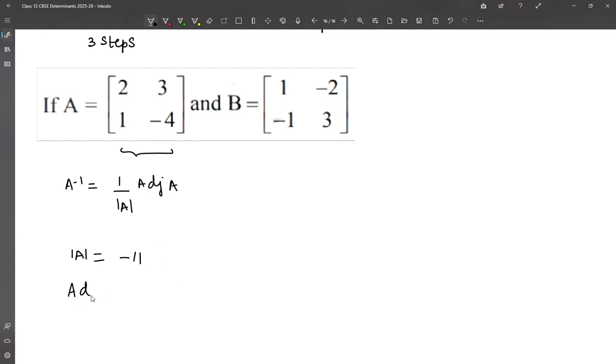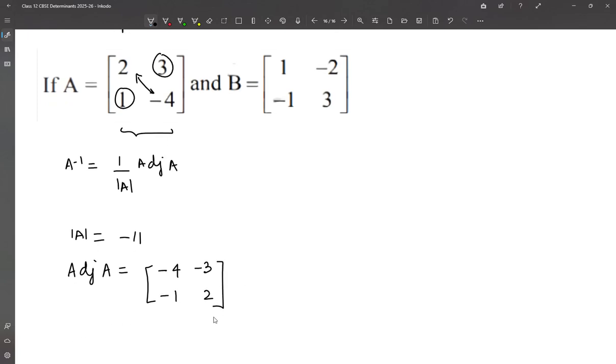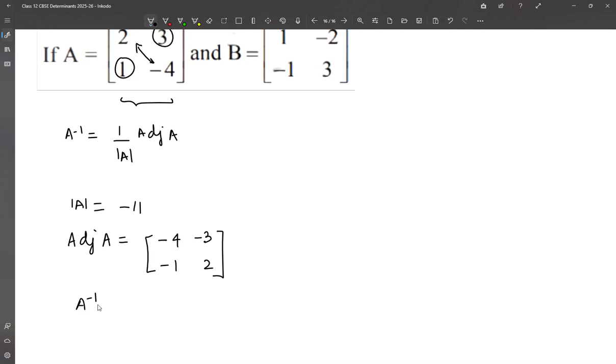The adjoint of A: you just reverse the diagonal elements, so it becomes minus 4 and 2, and the non-diagonal elements are taken with a minus sign, so minus 3 and minus 1. So A inverse is equal to minus 1 by 11 into the matrix minus 4, minus 3, minus 1 and 2.